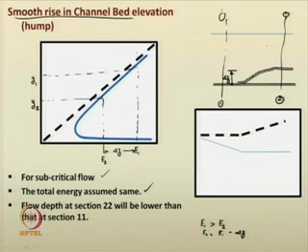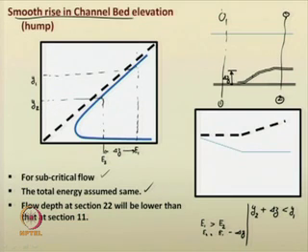Y2 is naturally less than Y1, but you will see that Y2 plus del Z is mostly less than Y1. You will see this thing also according to the nature of the curve given here.